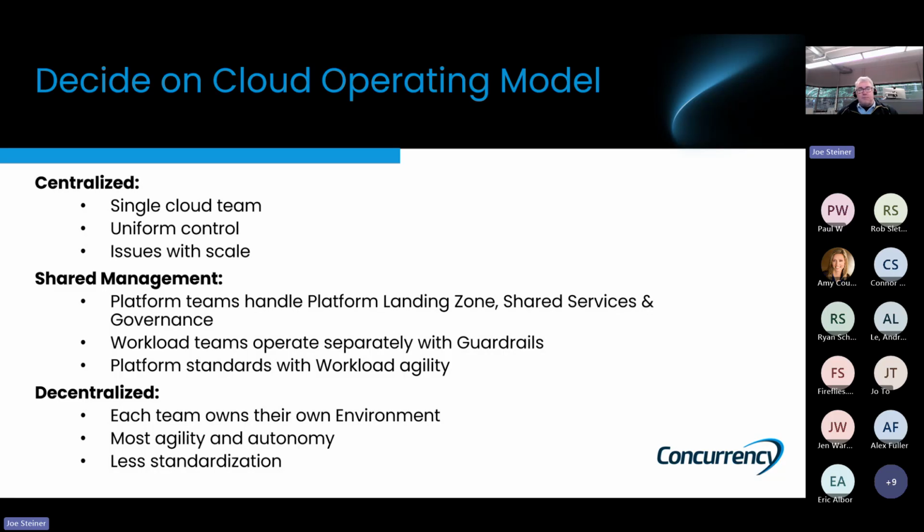Shared management, we found, has been a pretty good middle ground there, where I will have platform teams, maybe product owners of certain aspects of Azure, handling and managing those aspects. That could be in the platform landing zone.